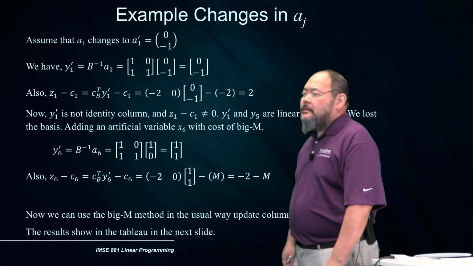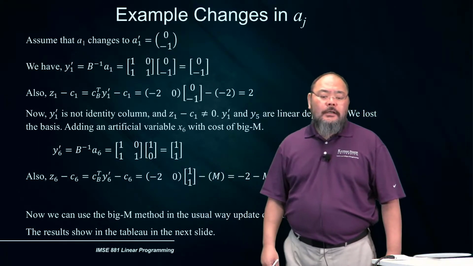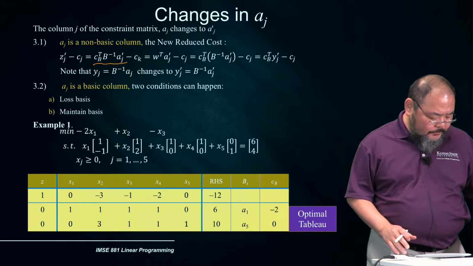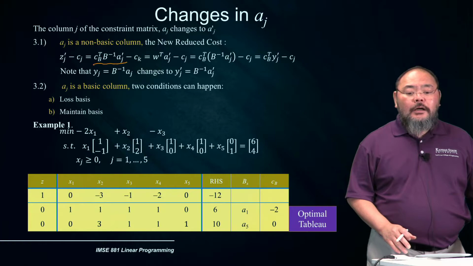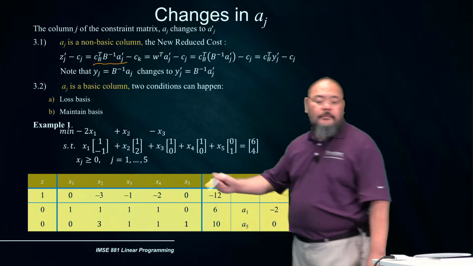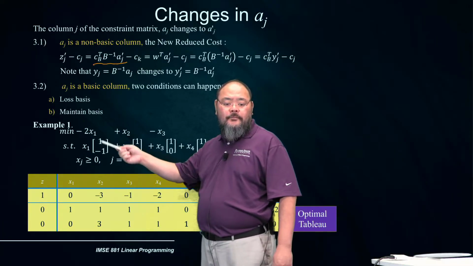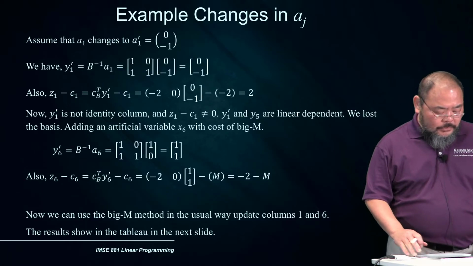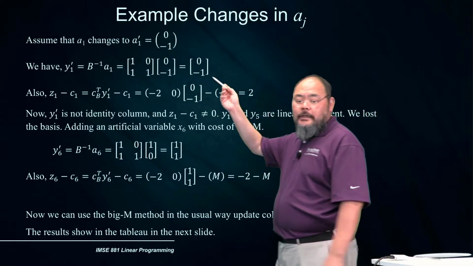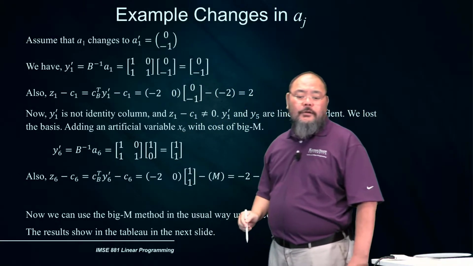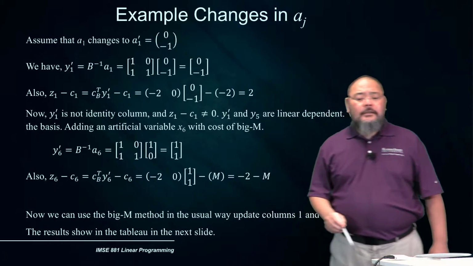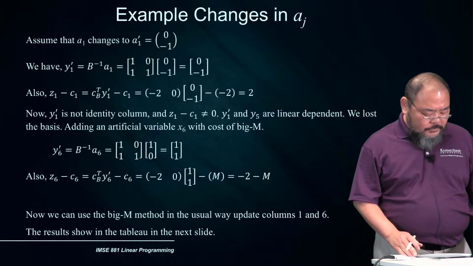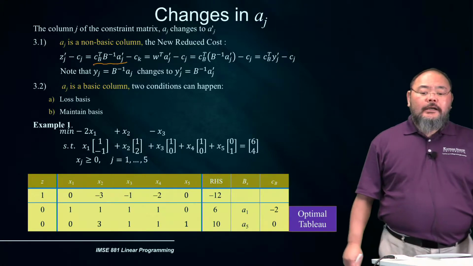Assuming A1, the first column, changed. What is the first column we have? From 1, negative 1, right here, to 0, negative 1. See if we still maintain the basis. Since the current B inverse is 1, 1, 0, 1, where do I identify that?